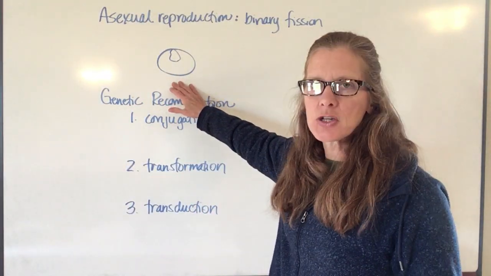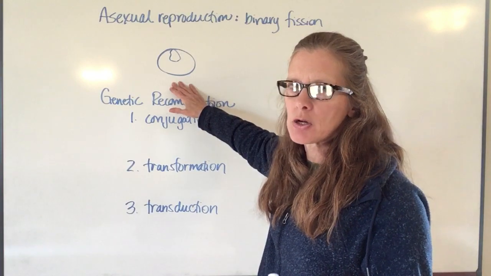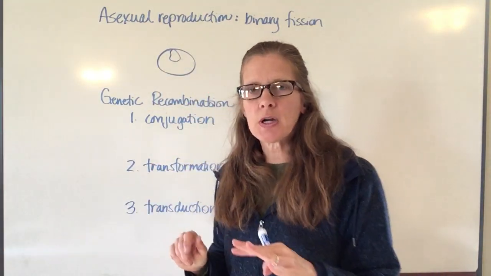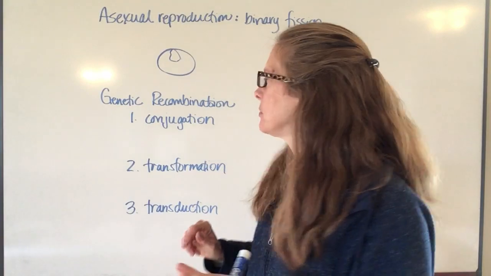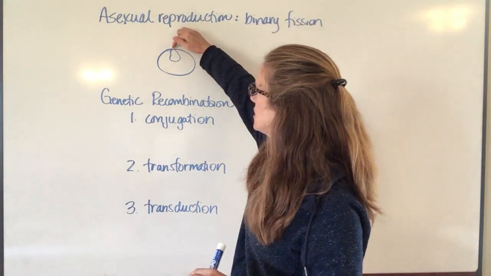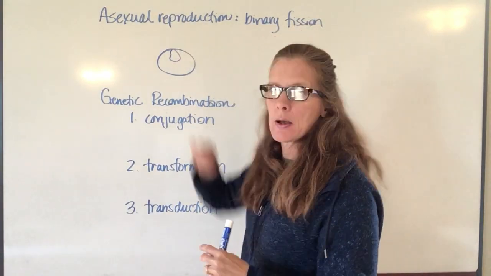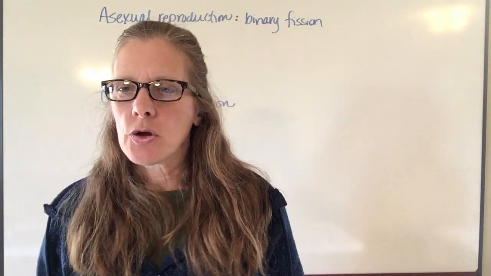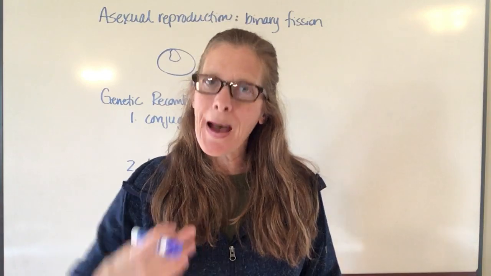So if this is a bacteria, and this is a very simplified version of a bacteria, obviously, when it's getting ready to reproduce, its genetic material is going to attach itself in this ring to the cell wall. Then the bacteria is going to make a copy of that.